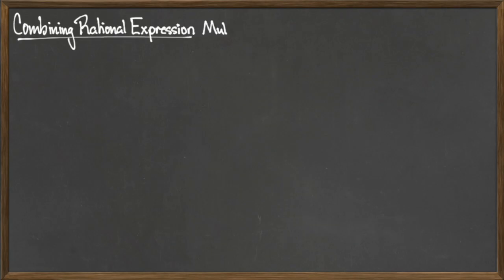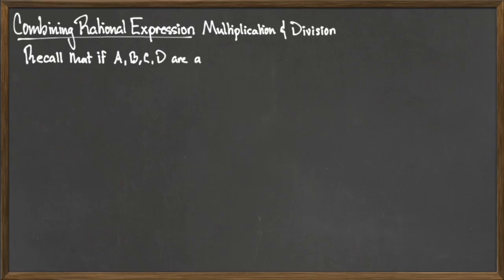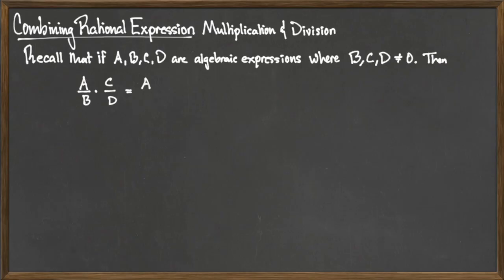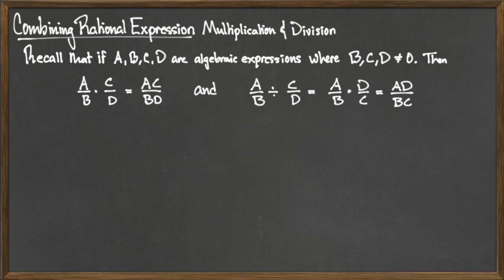Next, we're going to multiply and divide rational expressions, which might sound worse, but it's actually easier than adding or subtracting them because I don't care about common denominators anymore. But let's review a couple of rules with fraction multiplication and division. A over b times c over d means that I just multiply the numerator and denominator.